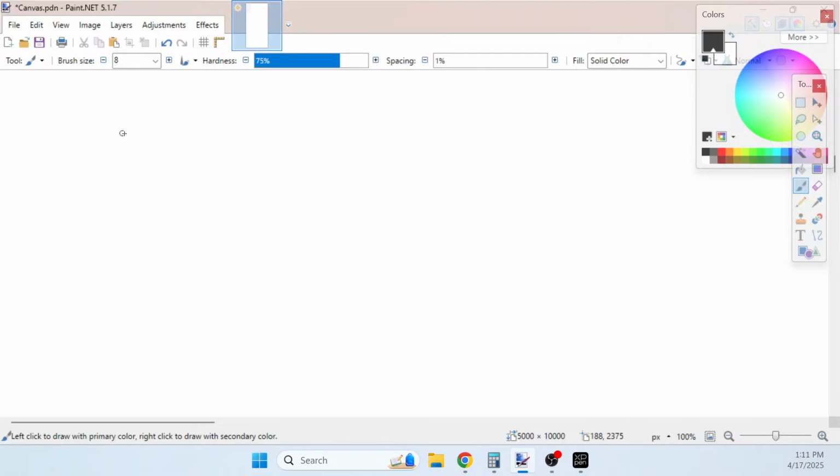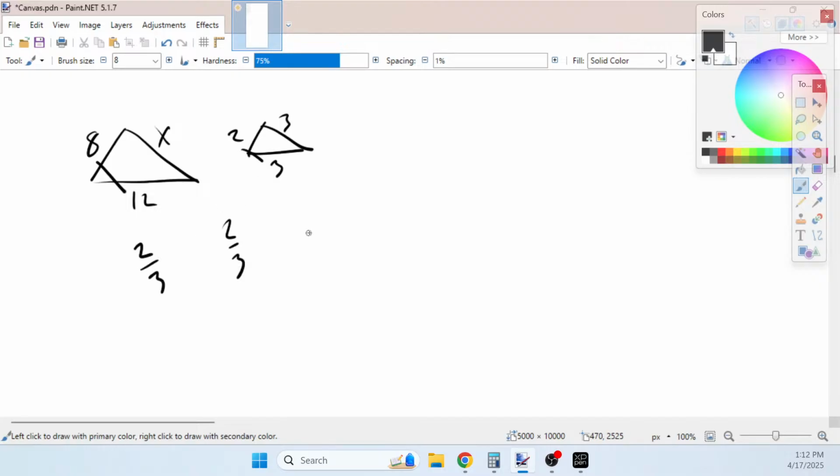We have another one. It's 8 by 12 compared to 3. Well, if this ratio is equal to this ratio, then this ratio gives x equals.